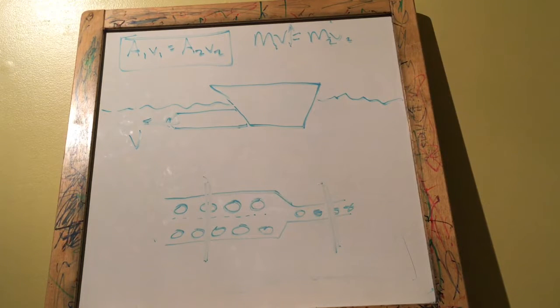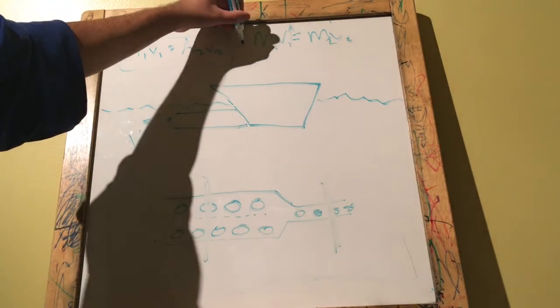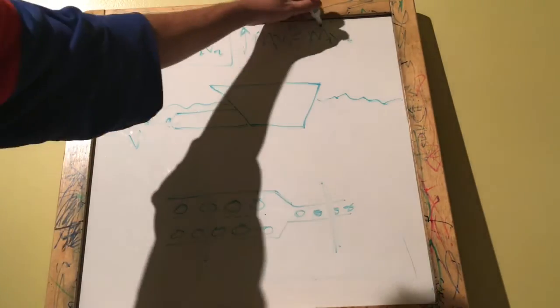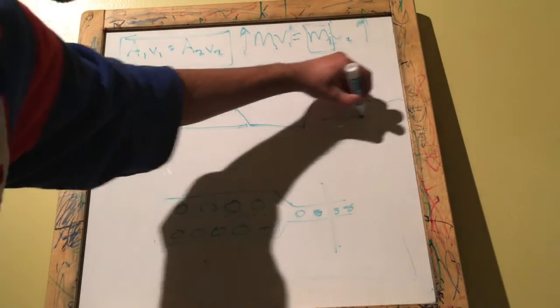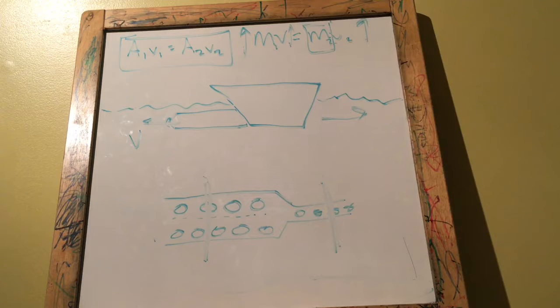The system is going to have a greater momentum. And because momentum must be conserved through the system, because the total momentum here is higher and the mass of the boat stays the same, that would mean the velocity of the boat traveling in this direction would have to be higher. Unfortunately, we weren't able to incorporate this in our own boat because of time constraints. But you can see how the idea of volume flow rate can really help to make our boat move faster.